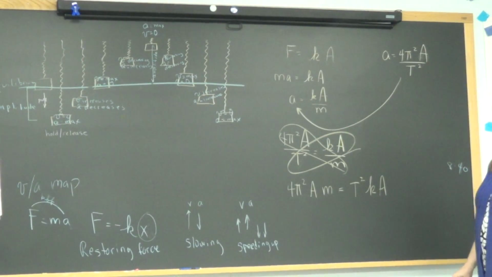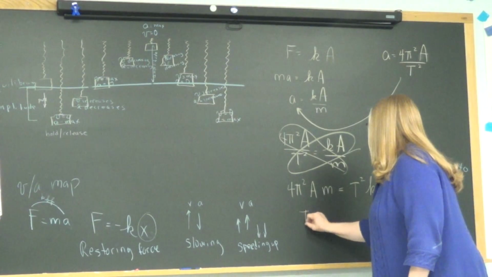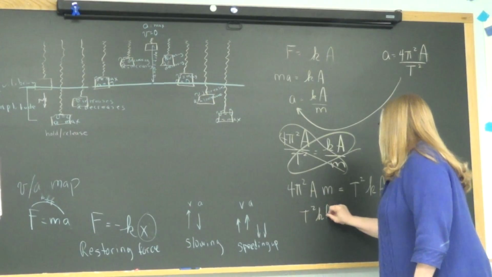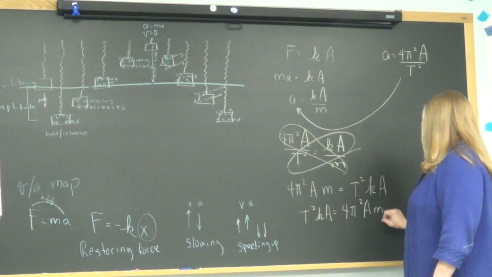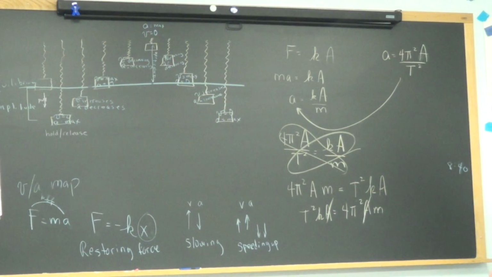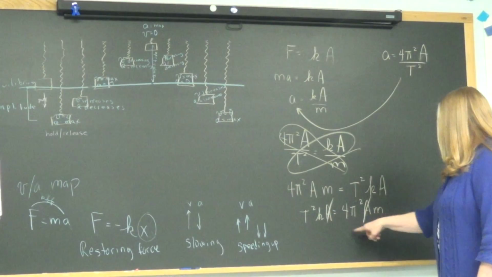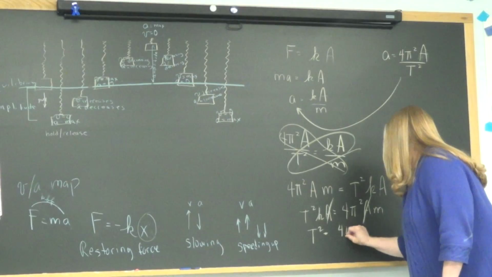And to simplify, I'm trying to get T by itself, so I'll just switch those. I'll put T over here. I can divide both sides by A, so that simplifies. I can move the K to the other side.